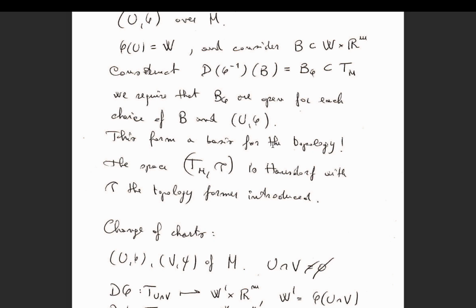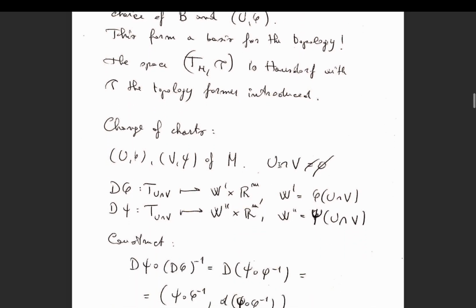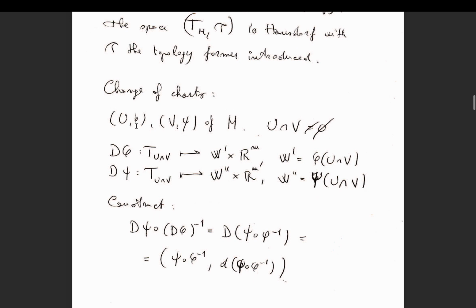The other ingredient we need is the change of coordinates. So let's pick up two coordinate charts for M. Let these be (U, φ) and (V, ψ). Now we can obviously assume also that U intersecting V is non-empty.